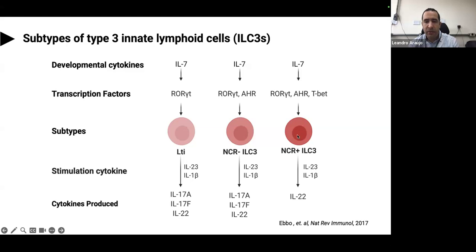They express NKp46, and the other ones are called NCR negative or CCR6 positive, which express the chemokine receptor. We have one special one that is now classified as another type, called lymphoid tissue inducers. They express RORγt like the other ones, and they can produce the cytokines lymphotoxin alpha and beta. They are very important for lymphoid and Peyer's patch development. Basically all these subtypes produce the cytokines IL-22 and IL-17.